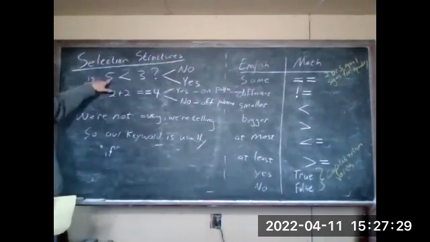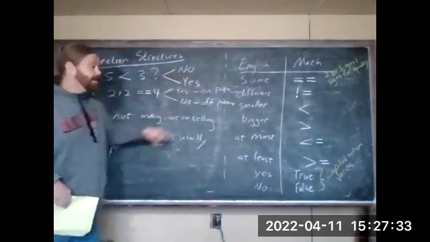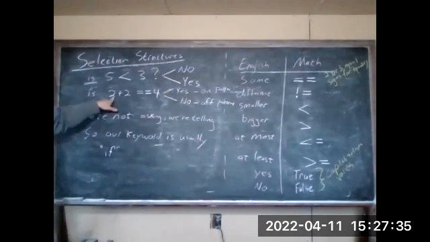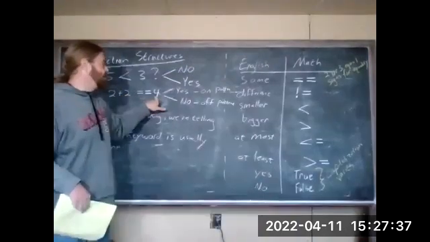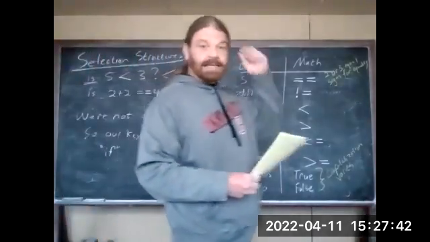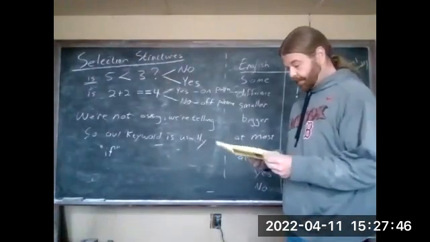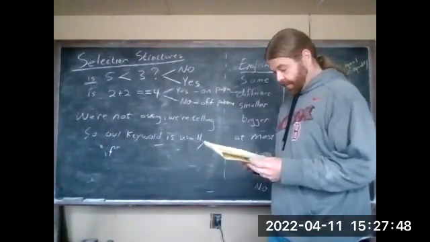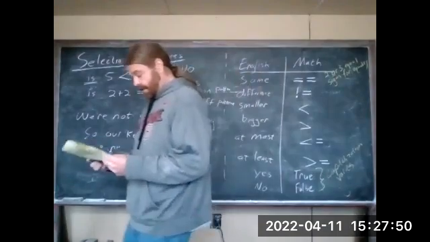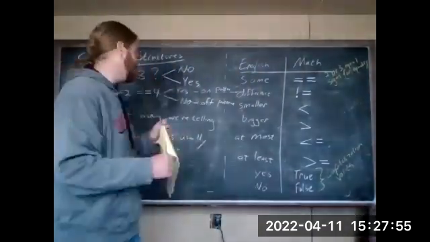We say "if 5 is less than 3, then follow one of these patterns." If 2 plus 2 is equal to 4, follow the appropriate pattern. That's going to be our keyword in most of our languages, and then the machine can just follow the appropriate pattern.